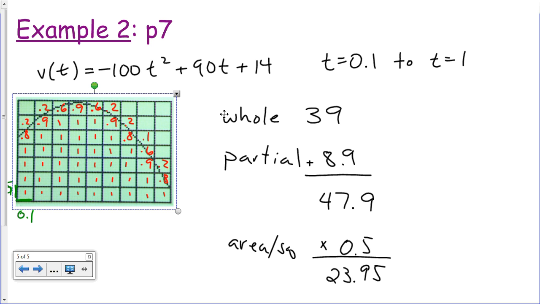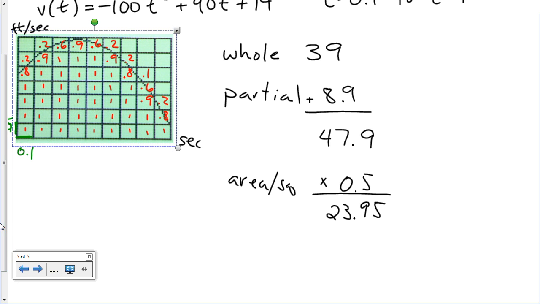And that's, again, a very close approximation. Now, the one last thing that we should add in there is the units. They told us that the velocity was measured in feet per second and that our time was measured in seconds. So this is feet per second along the y-axis, and this is in seconds along the x-axis. Since we're finding area, the product of x and y, we can multiply those two to get the units.